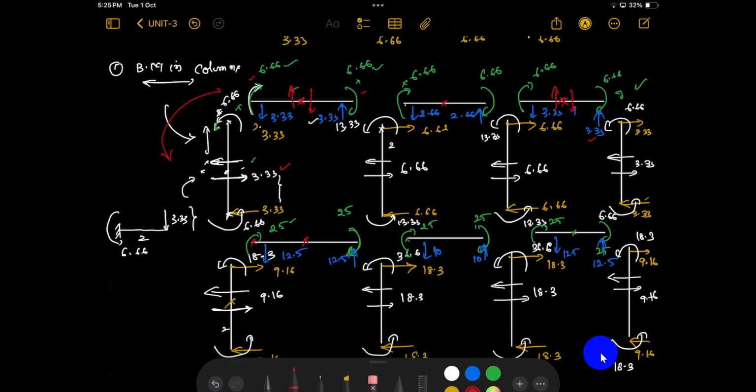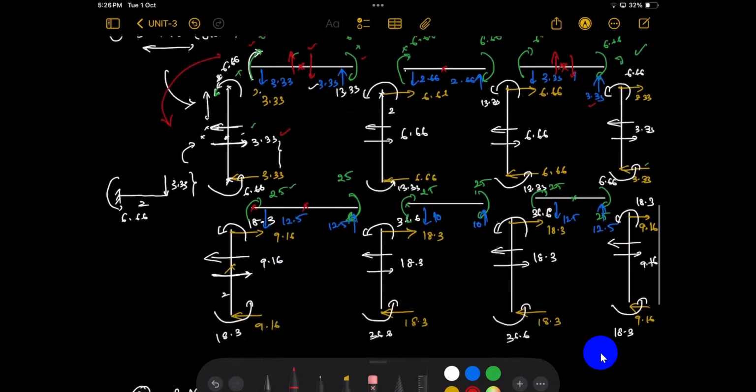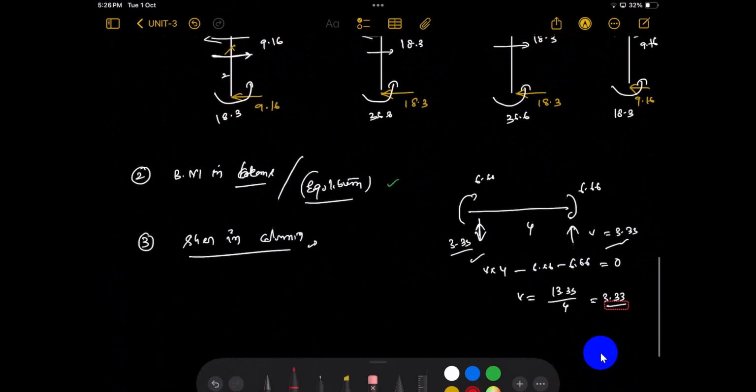The shear, bending moment and calculation are all similar. No difference between column and beam. That's the only thing I want to express, I want to give clarity. No need to draw like this in every beam, just understand. It's over now.